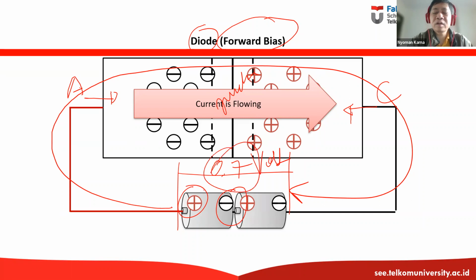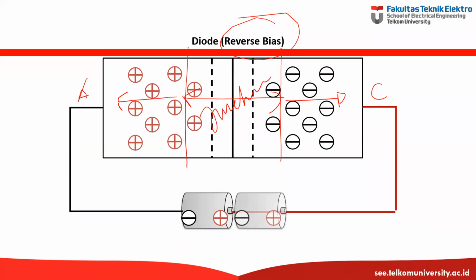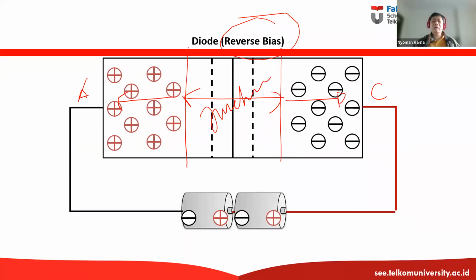This is what we call a threshold voltage. A voltage that can compress the negative ion and also the positive ion, so it will be strong enough to push to the boundary, to the junction. So the current will flow as a forward bias. Okay. Now, this is a diode.